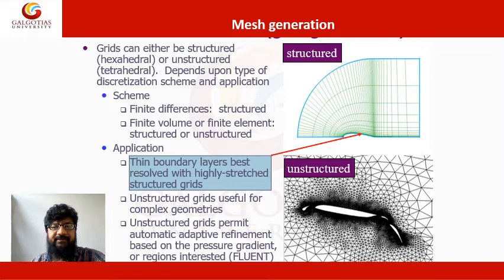So a grid can be structured or unstructured. The hexahedral meshes are structured and the tetrahedral meshes are unstructured. This depends upon the problem, what type of grid we use. For example, for the discretization of an airfoil, we have used the hexahedral mesh where the neighbors are connected to each other.